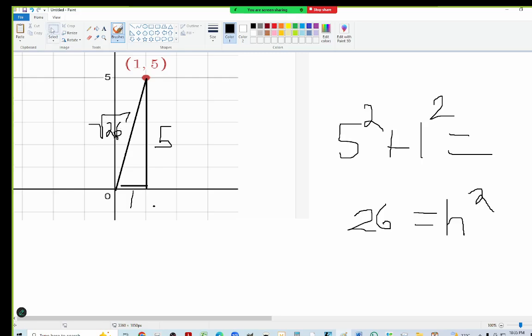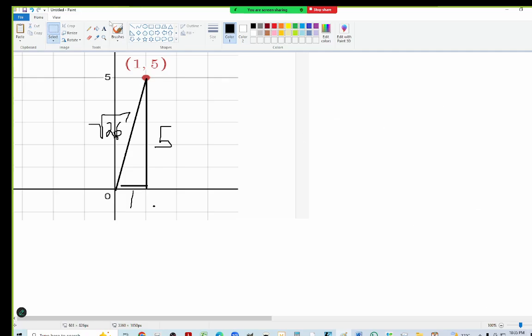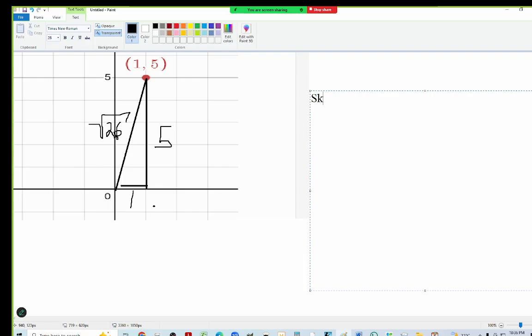What are the three things in SOHCAHTOA? What do they stand for? Sin is opposite over h. So the sine of an angle is the opposite over the h. And cos is adjacent over h. Cosine of an angle is the adjacent over the h.